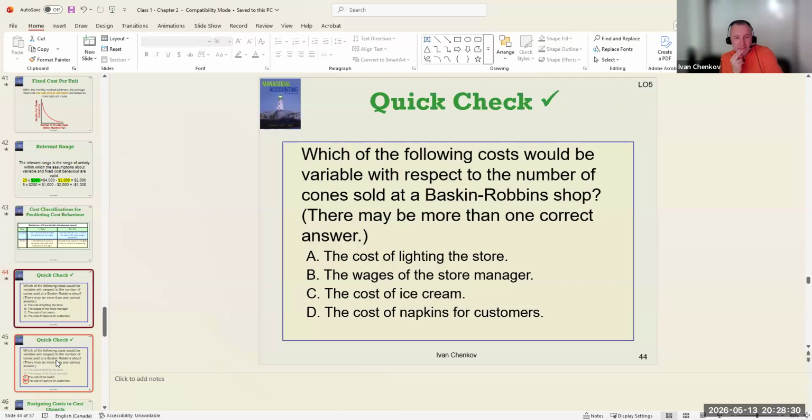For lights, yes. Again, we're looking from the perspective of the number of cones that we're selling, not the number of cones that we sold. That's it.